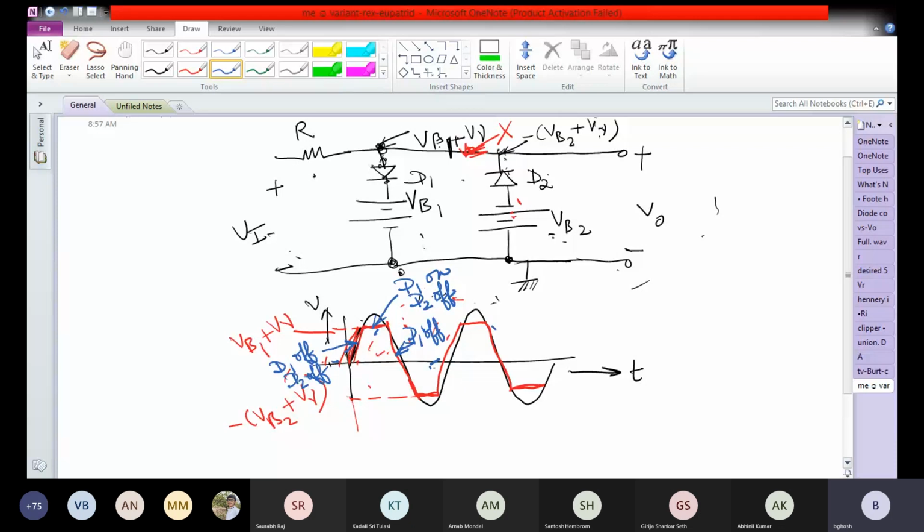So the voltage V0 becomes equal to Vi. In this region, D1 is off, D2 is on. And then again in this region, it is the same as the original region. Both the diodes are off, D1 is off, D2 is off.